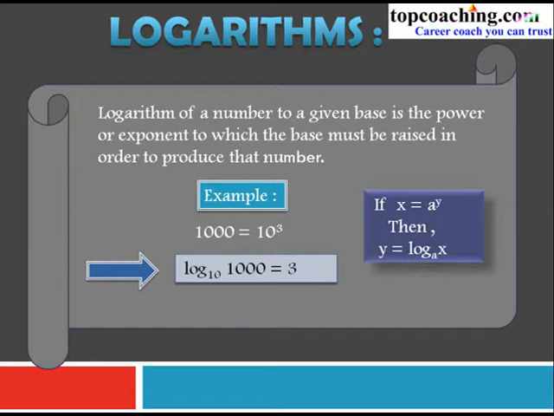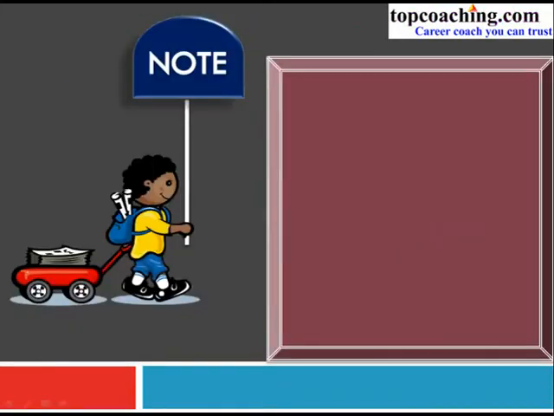Now there's something very important to note. If we have log of m to the base a equal to x, then for log to be defined, a should be greater than 0 and a should not be equal to 1. So the base should always be positive, greater than 0, and its value should never be equal to 1.